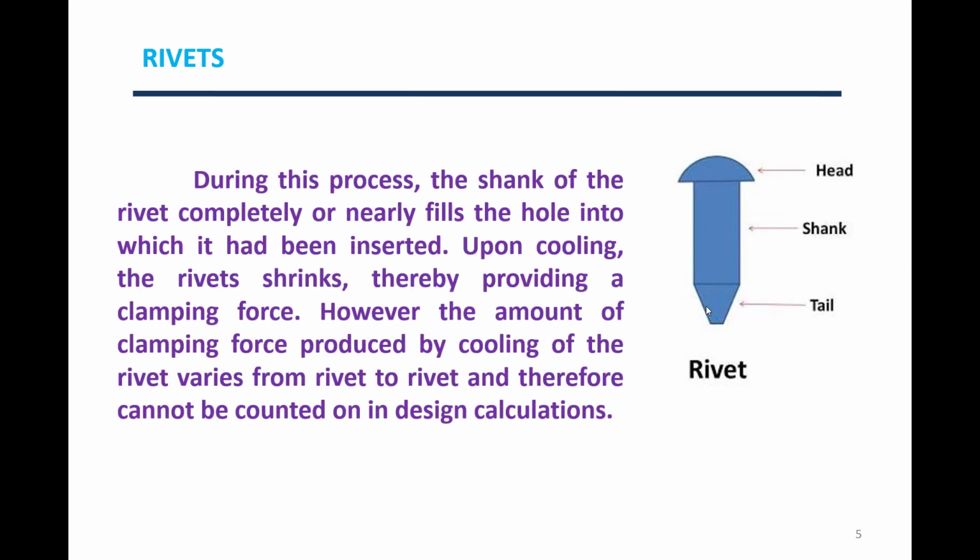During this process, the shank of the rivet completely or nearly fills the hole into which it has been inserted. Upon cooling, the rivet shrinks, thereby providing a clamping force. However, the amount of clamping force produced by cooling of the rivet varies from rivet to rivet, and therefore cannot be counted on in design calculation.